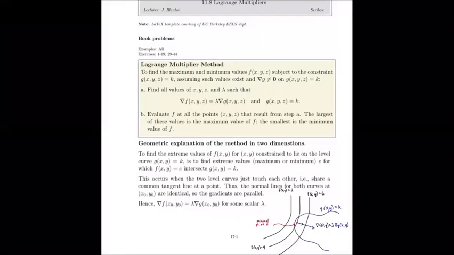Then that would be some minimum value on g for f that's between 2 and 4. So the value would be greater than 2 and less than 4, and on that curve g. So there would be another level curve for f, which this would pass through, and it would look something like that.